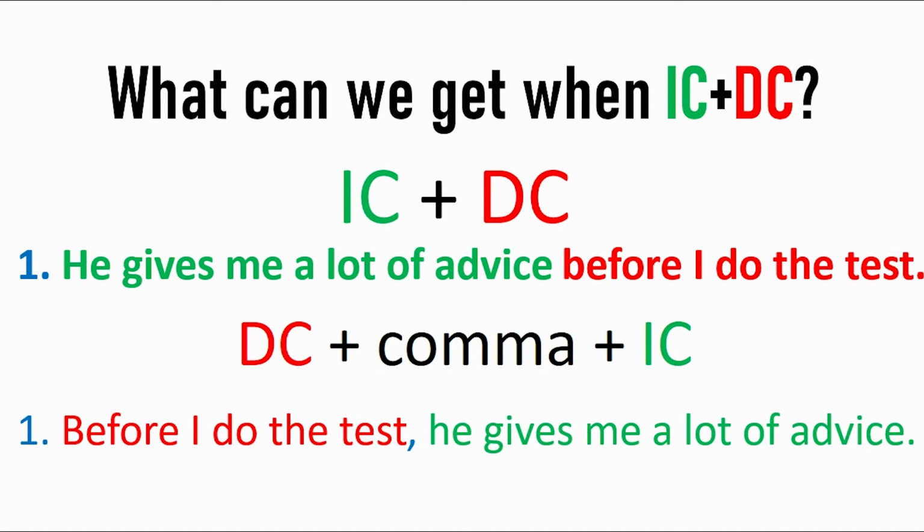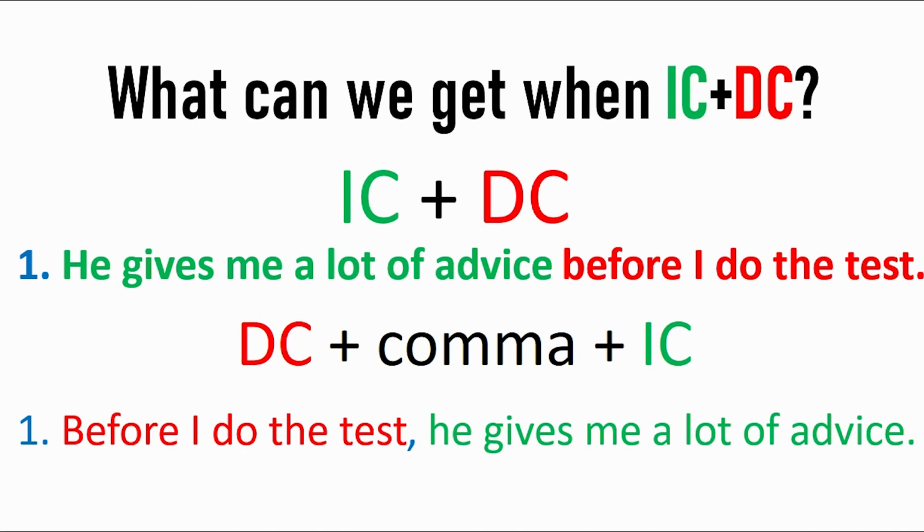Here we can talk about the position. In the complete sentence, we have two positions. Position number 1 is IC plus DC, and position number 2 is DC plus comma plus IC. But you have to remember that when your formula is DC plus comma plus IC, the word before becomes capitalized. So you have to write it in capital instead of lowercase letter.